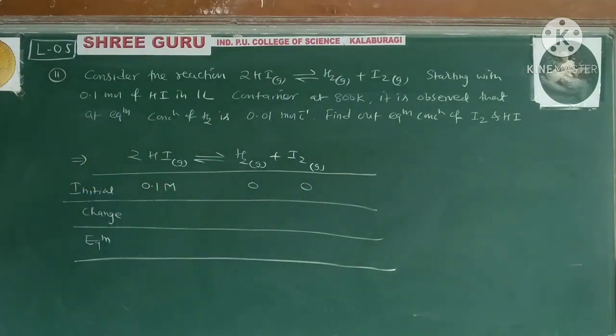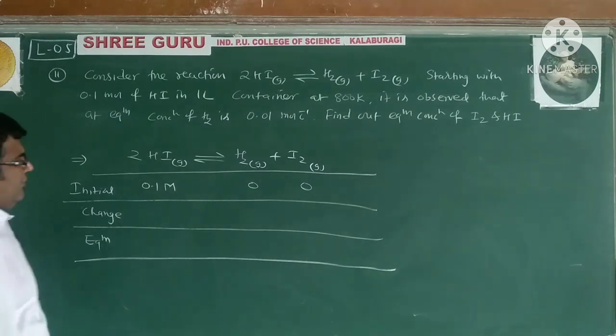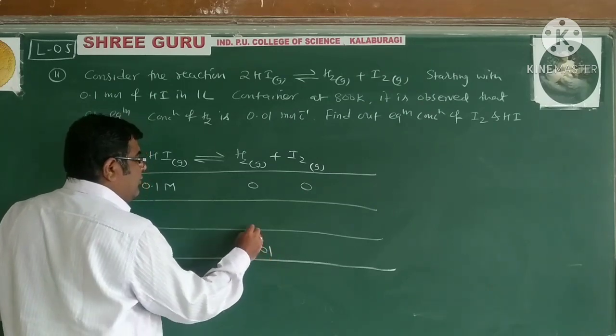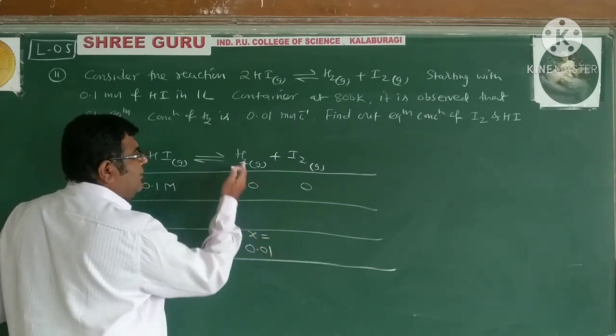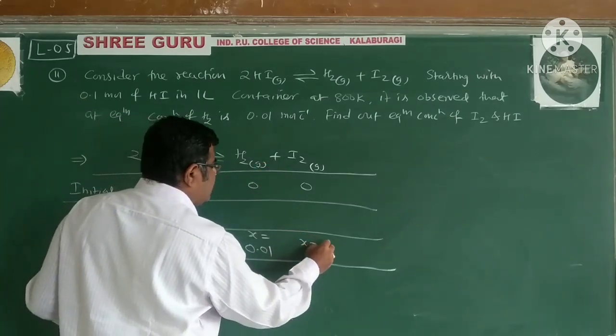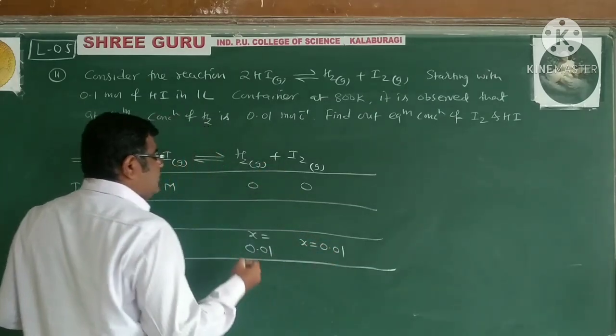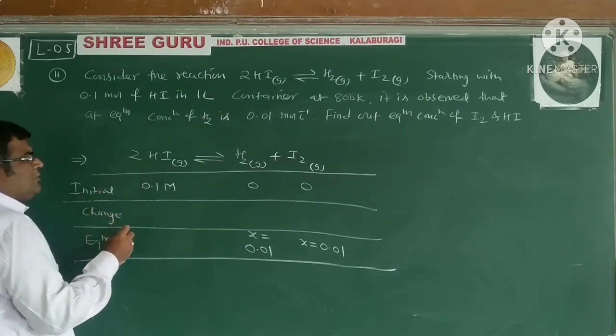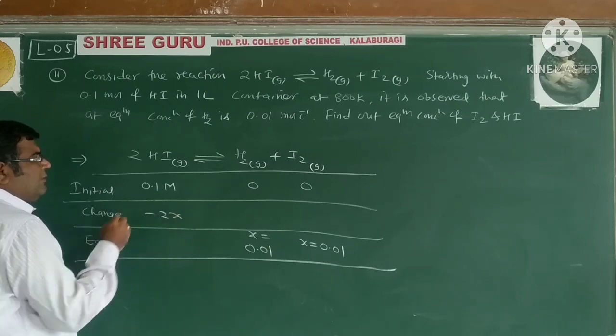Equilibrium concentration of H2 is 0.01. They are given this value. We assume it as X. It is 1 mole, 0.01. This is also 1 mole. So this is also 0.01. 2 moles of hydrogen iodide disappears.